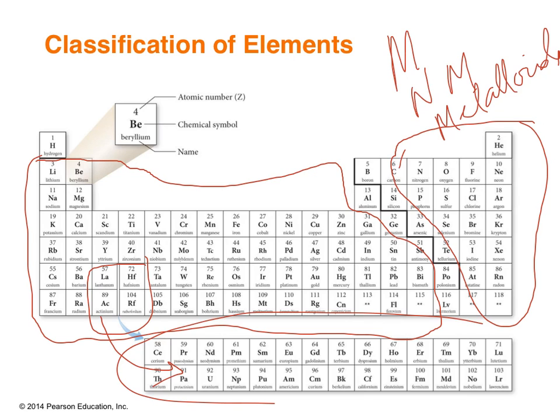These are all non-metals. Carbon, nitrogen, oxygen, fluorine, phosphorus, sulfur, chlorine, selenium, bromine, iodine, helium, neon, argon, krypton, xenon, radon, and hydrogen. Very important. Don't forget hydrogen. This is a non-metal. Just because it's on the left hand side, don't think that it is a metal.